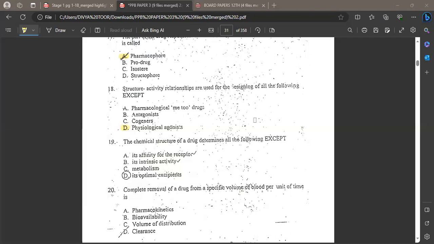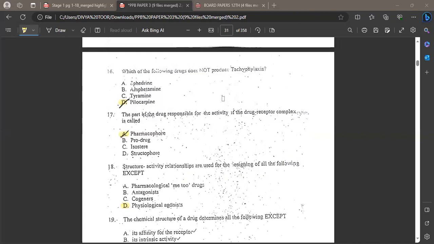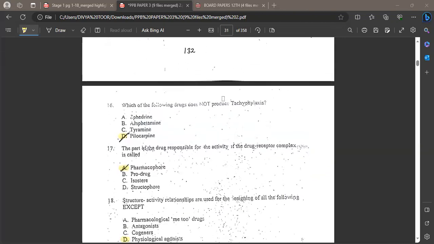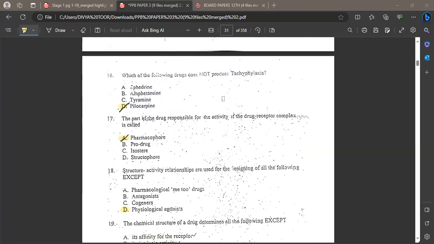So we move. Why can't 16 be tyramine? Which of the following drugs does not produce tachyphylaxis? For this one, I was thinking along the lines that tachyphylaxis is the same as tolerance, only that you develop a reduced response after a short duration of administration of a drug.